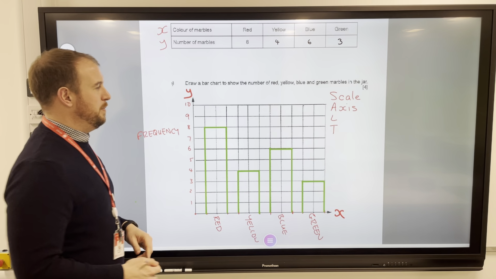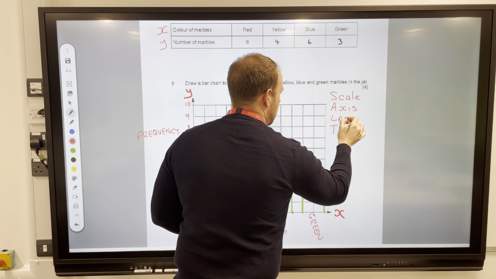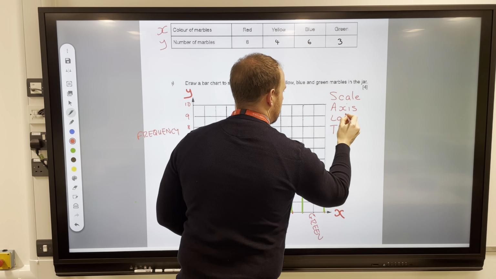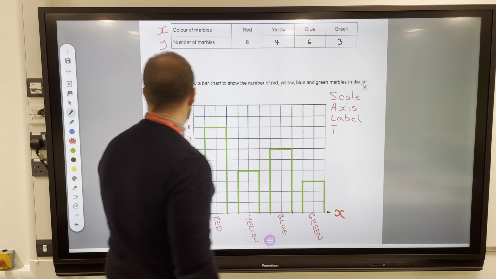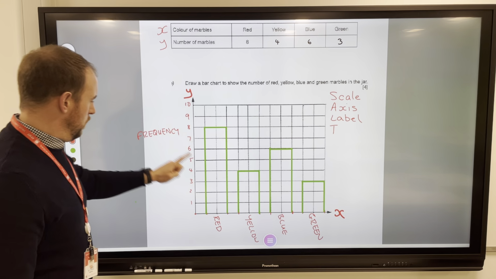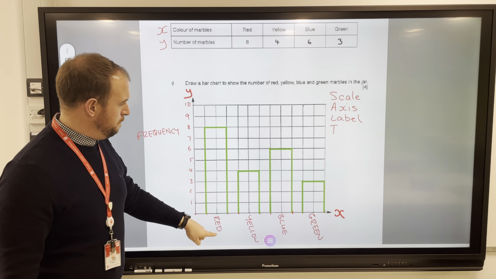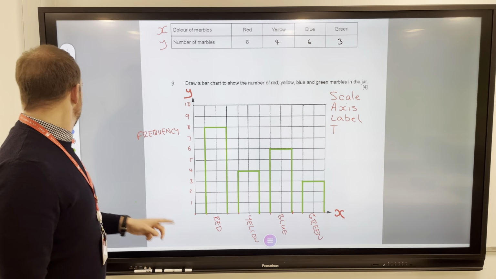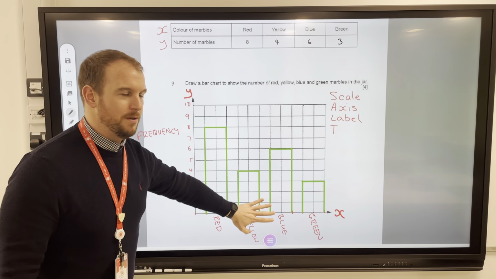L for label. L-A-B-E-L. Label, well, I've labelled this with frequency. Well, I've put the colours here, but we don't know what they are, as in colours of what. I know we know up here, but we don't know down here.